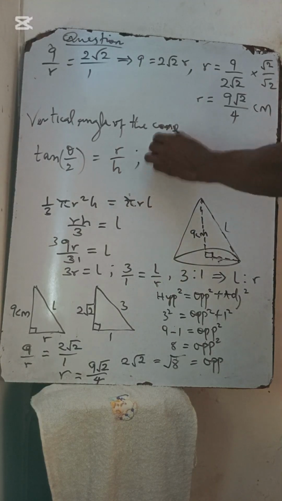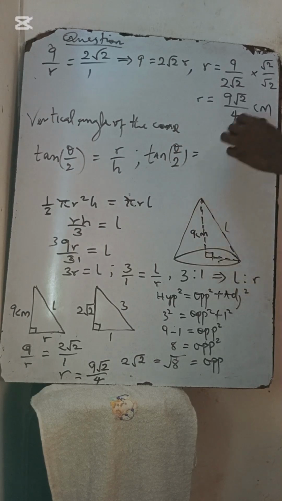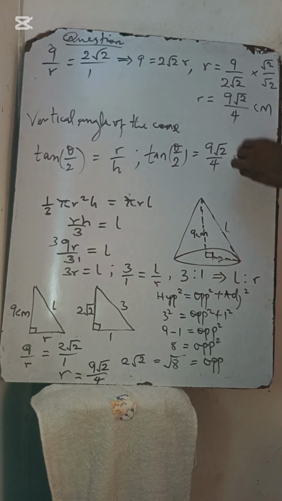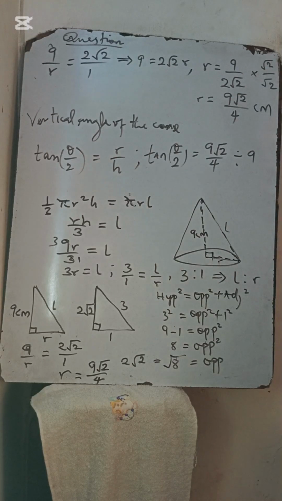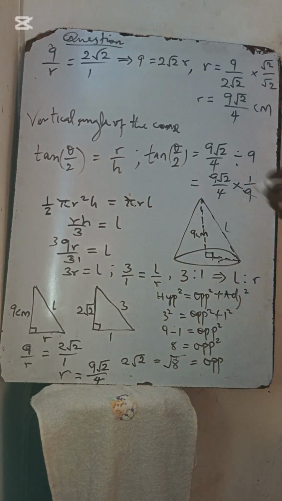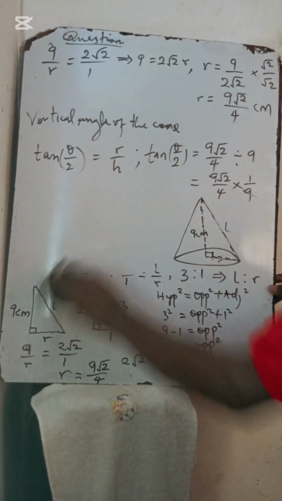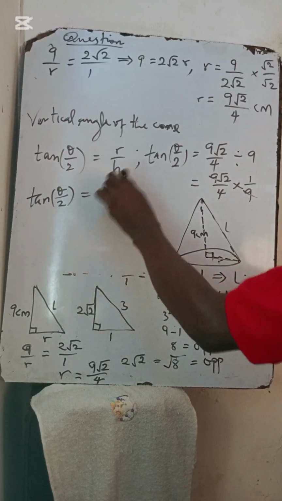So tan theta over 2 is equal to r as 9 root 2 over 4 divided by 9, which is the height. This can easily be simplified to 9 root 2 over 4 times 1 over 9. The 9 takes care of this 9, so what we have left is root 2 over 4. So that tells us that tan theta over 2 is equal to root 2 over 4.